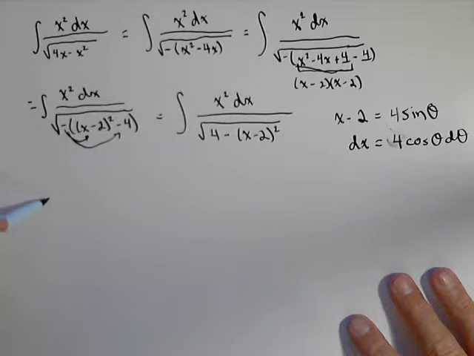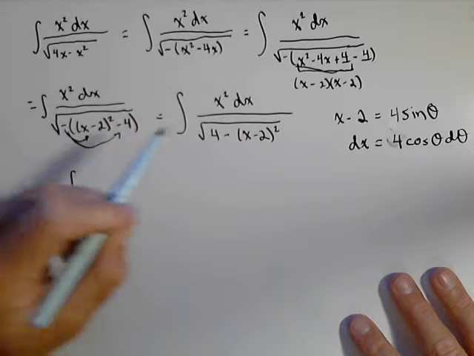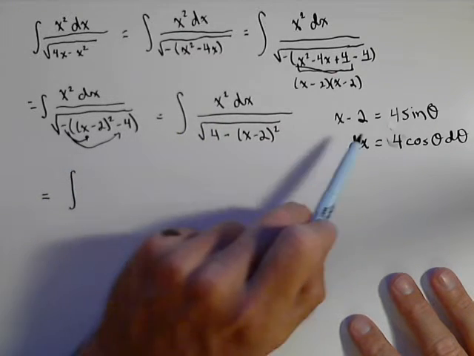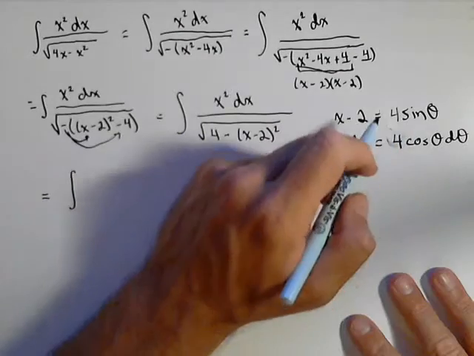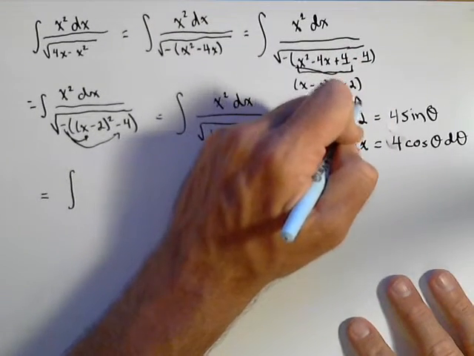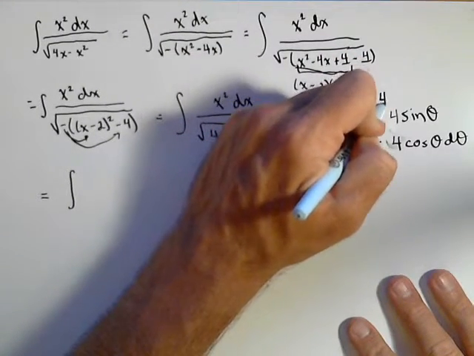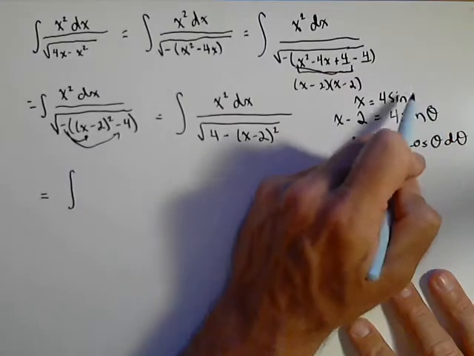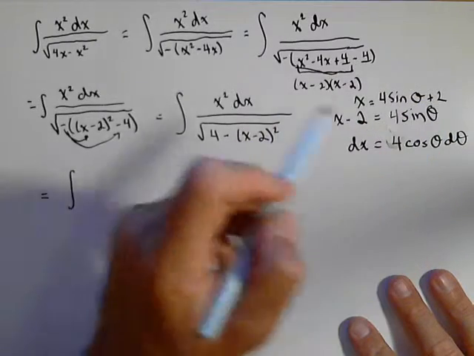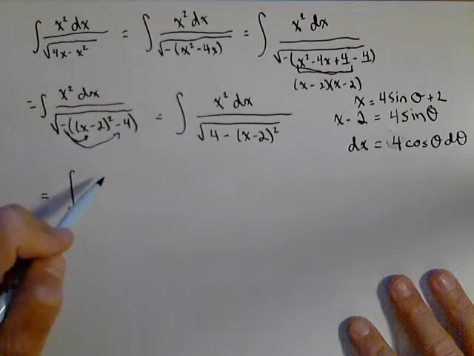Now let's substitute everything in and see how our integral looks. First off, notice it was x on top. So if x minus 2 equals 4 sine theta, then x equals 4 sine theta plus 2. So that's what's going to go in for that one on top.